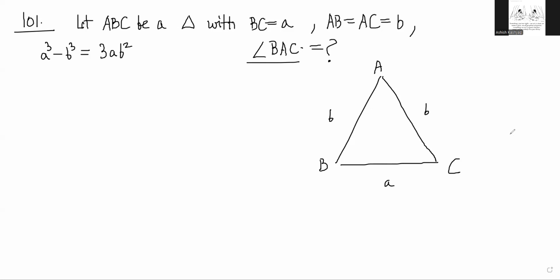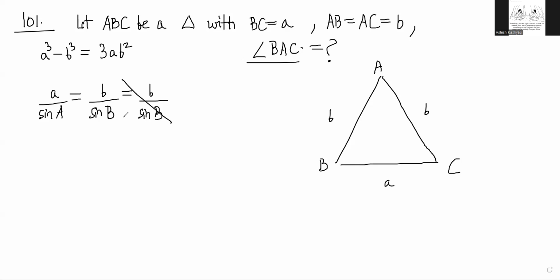This is the situation. So we can apply the sine rule on the triangle and say a by sine A is equal to b by sine B is equal to b by sine C. Sine B and sine C are the same, so this is not needed.